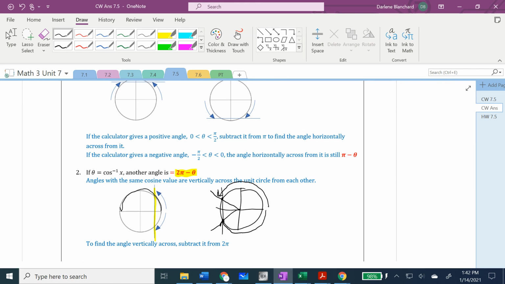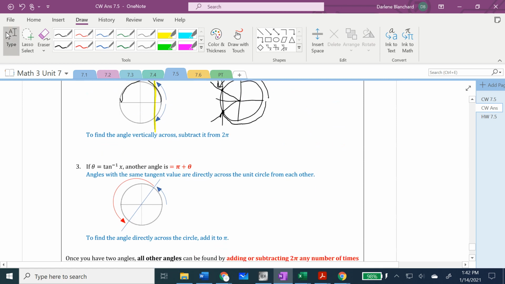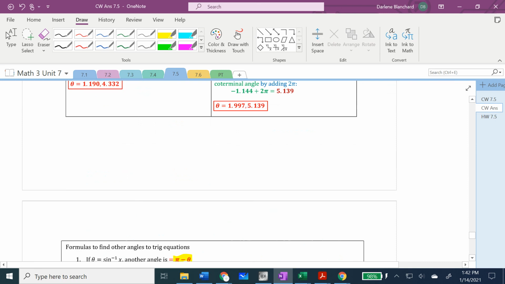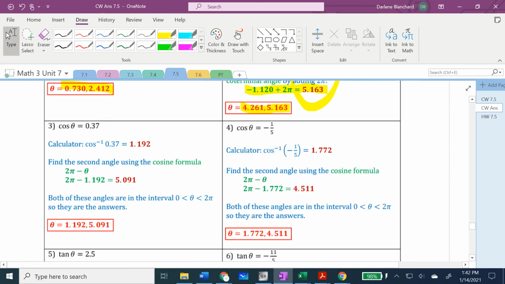Tangent, you should already know it. For tangent to find a second angle, it's always directly across the unit circle. Just add pi. Now, as we are running out of time, I'm going to have to do a quick run through of the remaining examples.